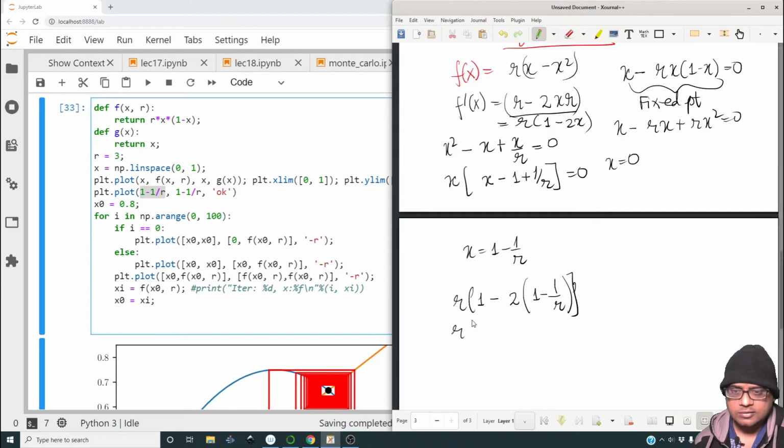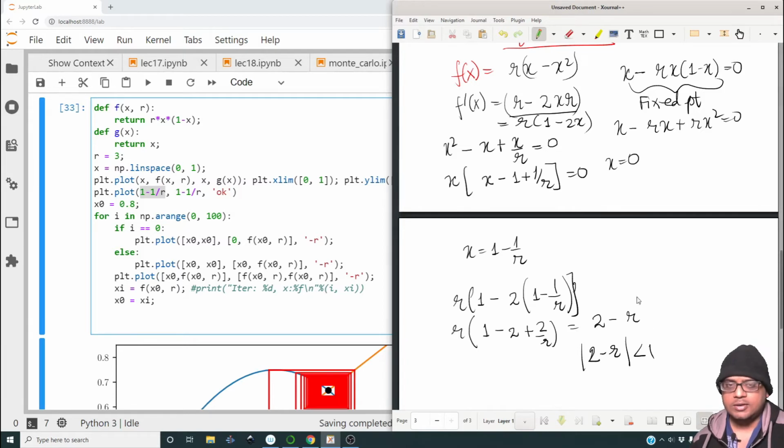So what is this? This is going to be r times 1 minus 2 plus 2 upon r. So this is going to be 2 minus r.